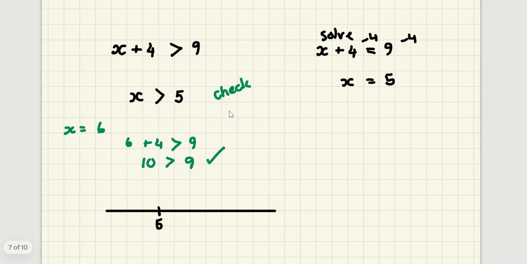I'm going to put 5 there. Is my circle open or closed? Open. And I'm going to put my arrow that way. I could write 6 and 7, but I think we know what numbers come above 5. So as long as we've got that 5, the open circle, and the arrow going in the right direction, that's how we do it. Okay.